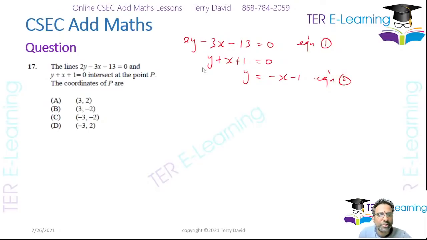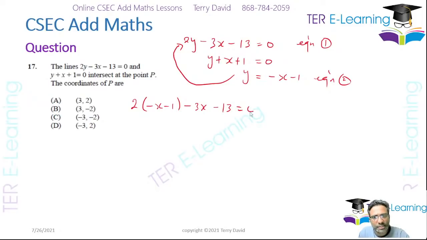So what I'm going to do is substitute this here into this equation. So this becomes 2 by y, so it's 2 multiplied by (minus x minus 1), minus 3x minus 13 is equal to 0. So let's remove the brackets here. This is going to be minus 2x. 2 by minus 1 is going to give me minus 2, minus 3x minus 13 is equal to 0.